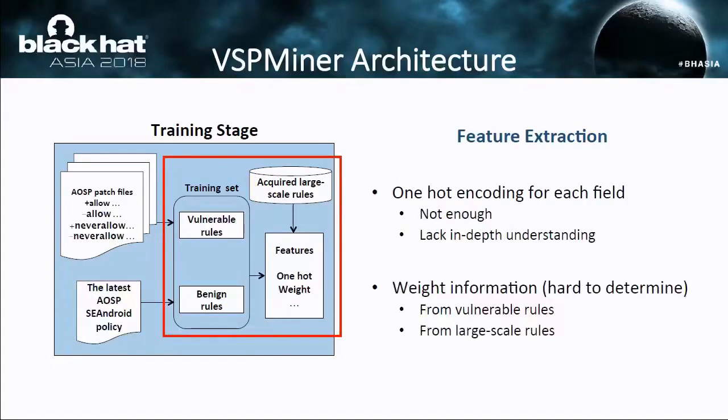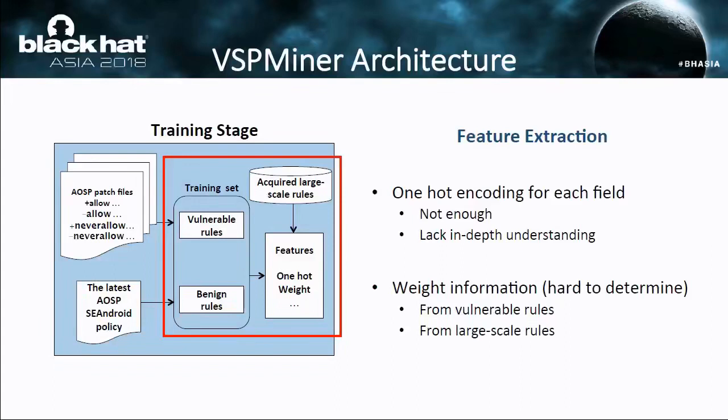Based on the training set, we try to do feature extraction. Naturally, we would want to use one-hot encoding for each field. But after a primary investigation, we found that it's not enough, because such features lack the in-depth understanding of experts and attackers.